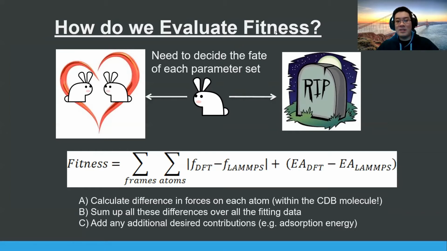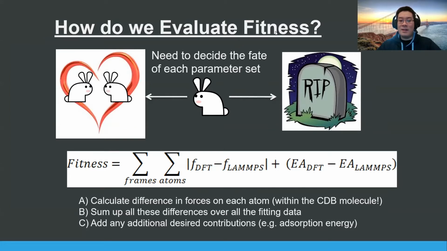Now, sometimes this is not quite enough because you might also have additional experimental values or physical properties that you know are important. For example, if you know what the adsorption energy of the molecule on the surface is, you could add that in as another fitness criteria.